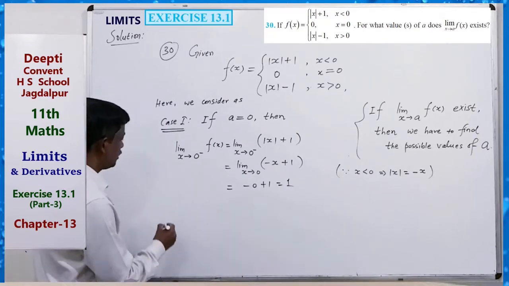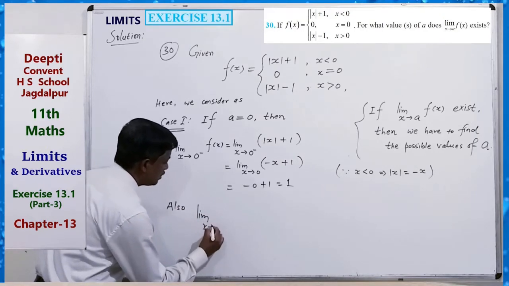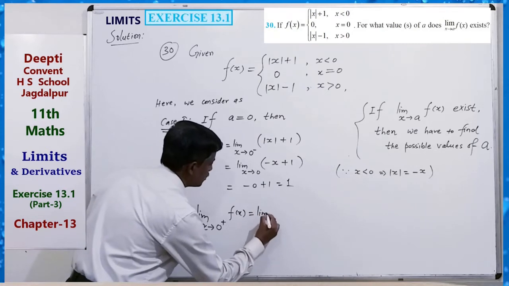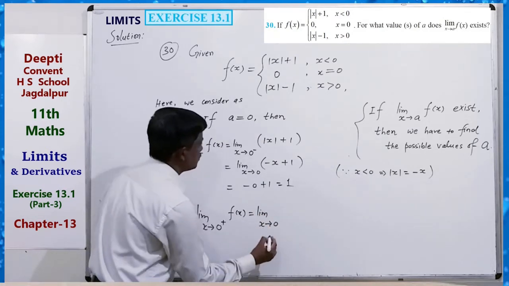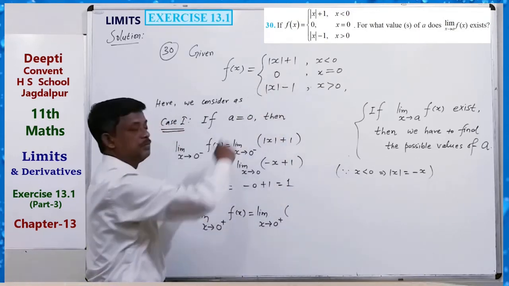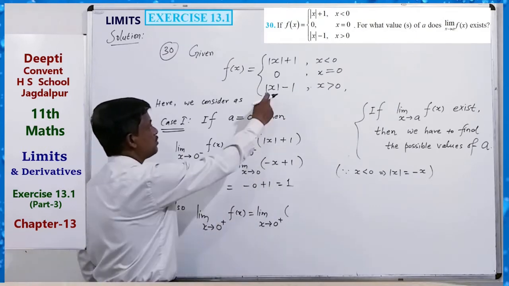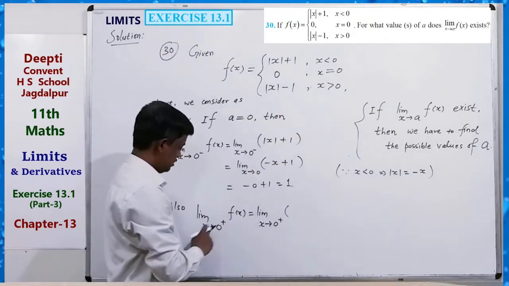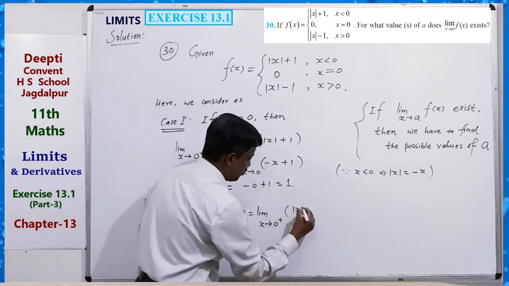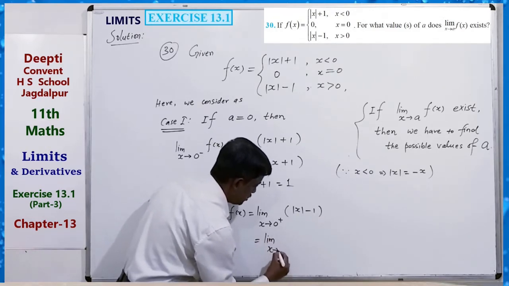Also the limit as x tends to 0 plus of f(x), the right hand limit: mod x minus 1, since x is greater than 0.